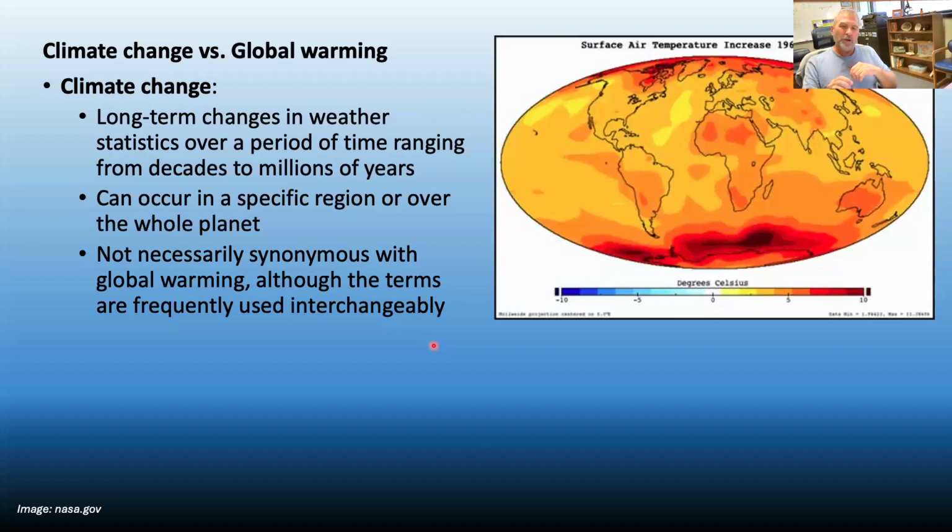But the more appropriate term is climate change, and so that's how you're going to hear me refer to that. And really, climate change describes the long-term changes in the statistics of weather events over a period of time, again, ranging from decades to millions of years.